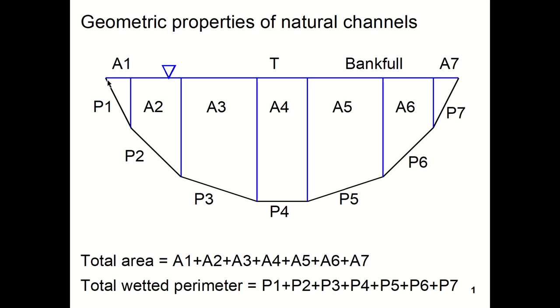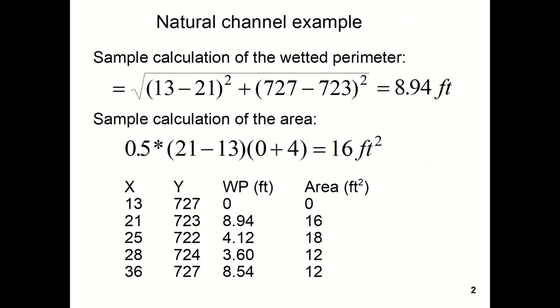Likewise, the wetted perimeter around the perimeter is the sum of the wetted perimeter of the 7 subsections. If you're calculating a wetted perimeter, it's simply using the coordinates and the distance formula. We would be calling these the stations and the elevations.